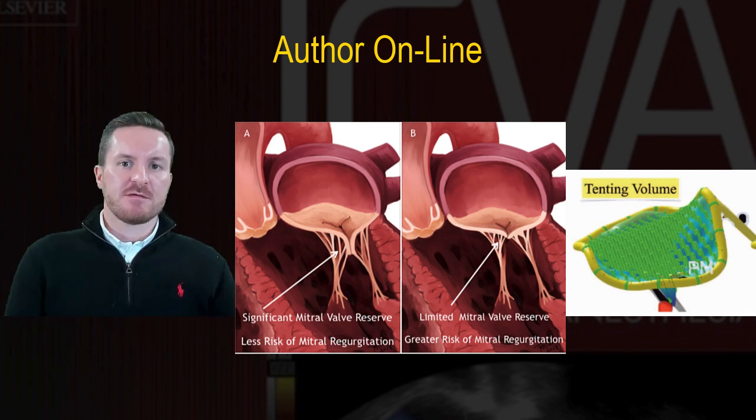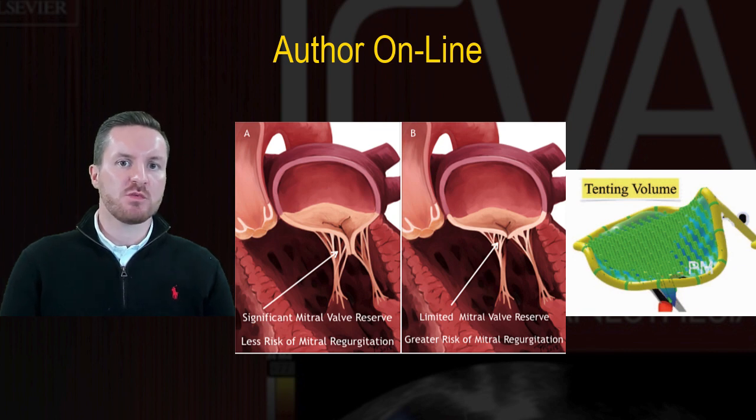The clinical significance of this study is in identifying valves that are at risk for future mitral regurgitation. Just because a valve is non-regurgitant and non-stenotic does not imply normal valve function. Indeed, all valves are at varying degrees of risk for developing mitral regurgitation.